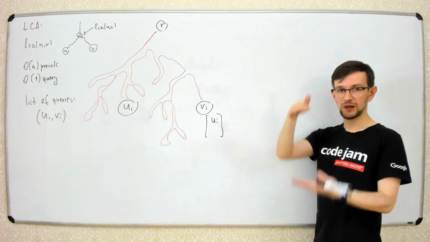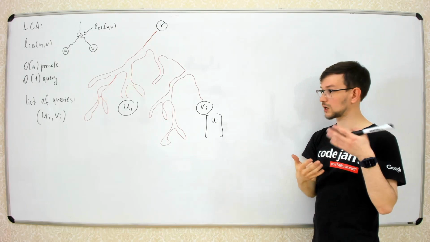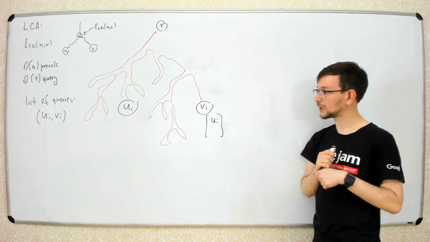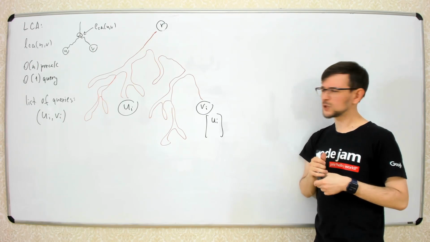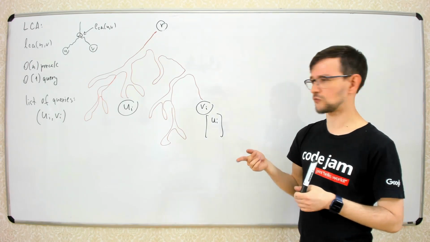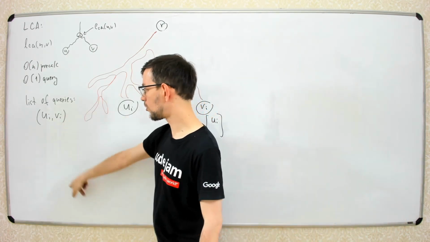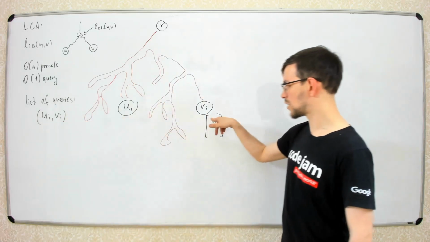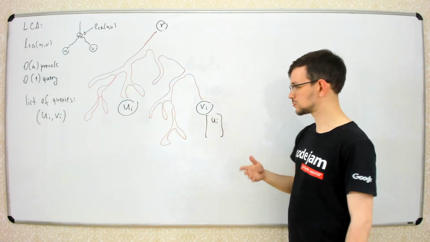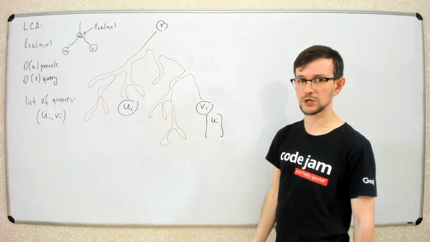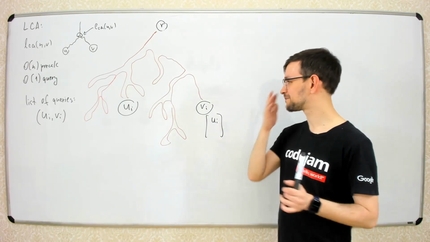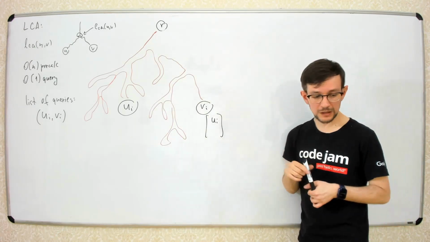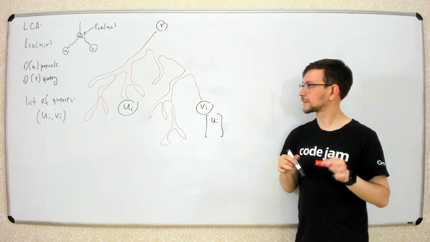So each node has a list of queries which use this node. Okay. So you can do it in pre-calculation time, right? For each, you simply iterate all queries. For each query, you put this query into this list. You simply maintain this list for each node. You can do it in linear time. That's easy.